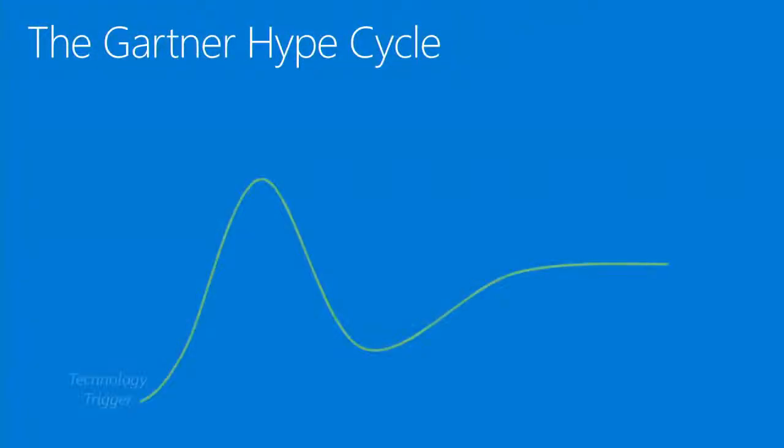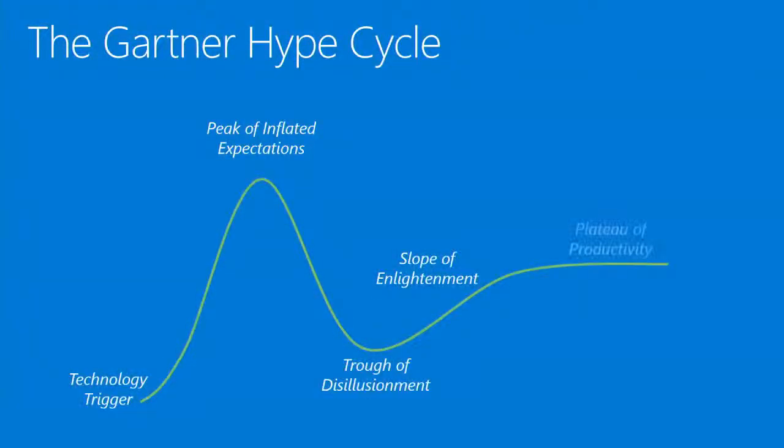It's also feeding into what's called the Gartner Hype Life Cycle. And everyone, I hope, has seen these Gartner Hype Life Cycles. It starts off with a technology trigger, then the peak of inflated expectations. That's where it's at the peak of hype. And then reality sets in that it's not going to solve every business problem that's out there.